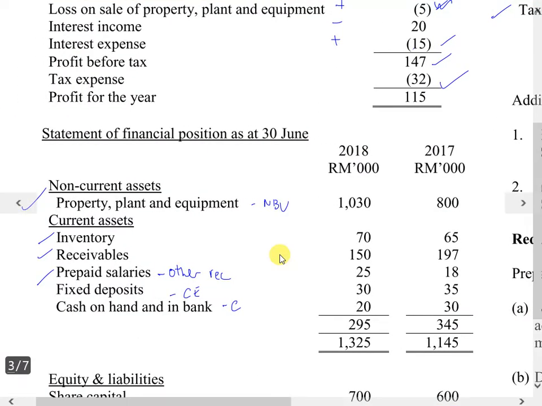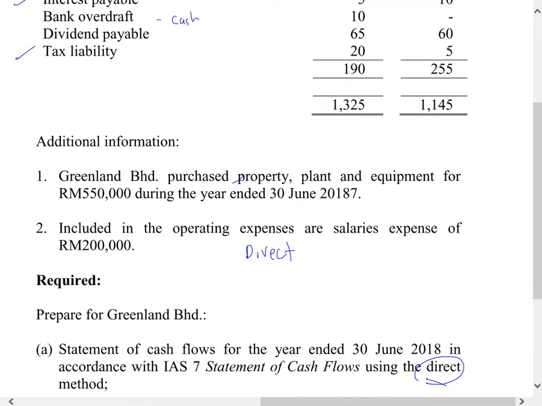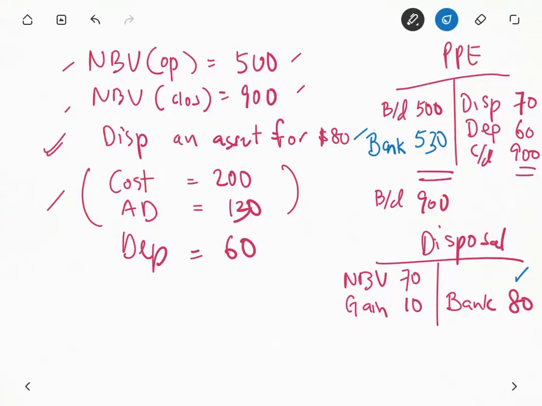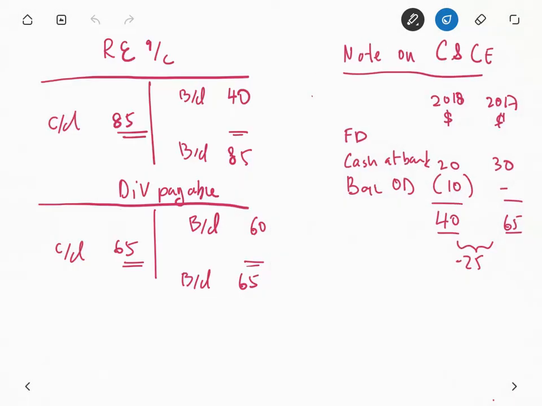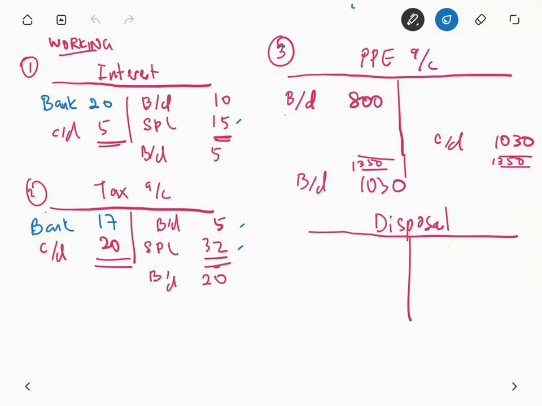So let's try this question. I got a net book value of 800, 1030, opening, closing. Note 1, Greenland purchase PPE 550. Let's open T account. I started off with 800, net book value, closing 1030, closing bring up.